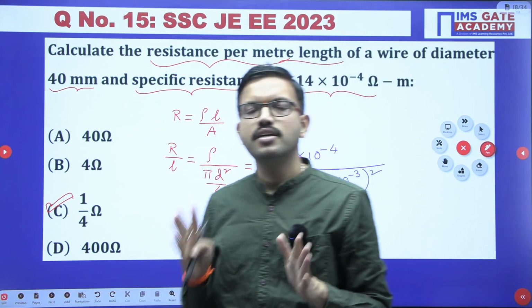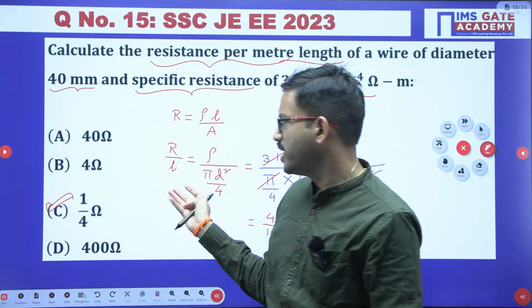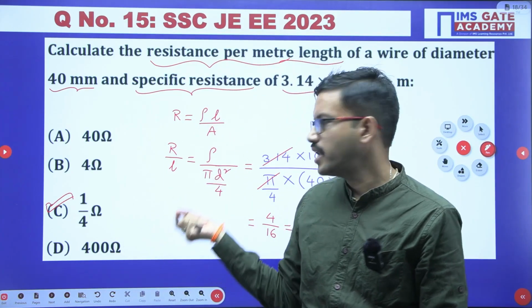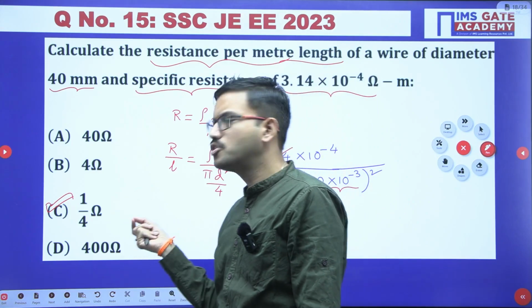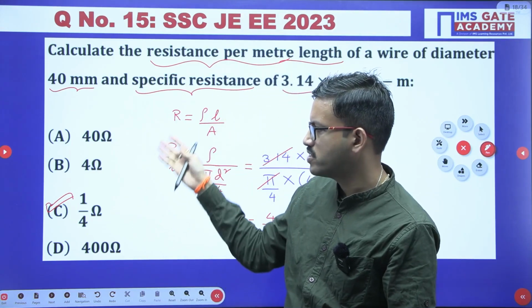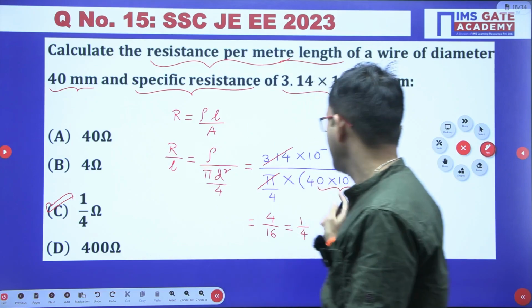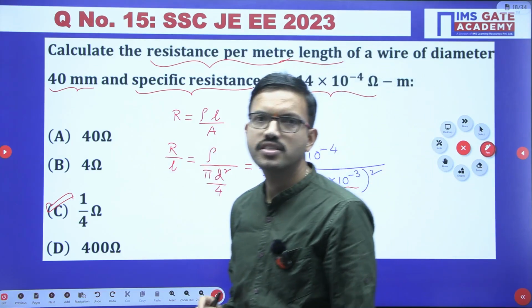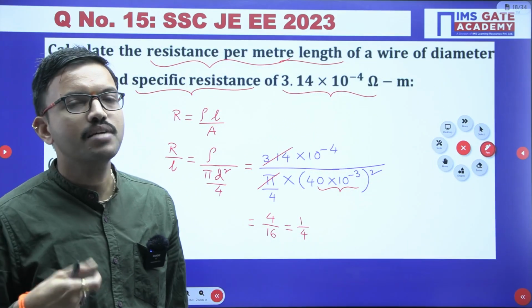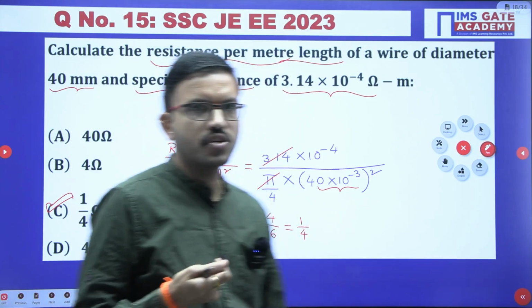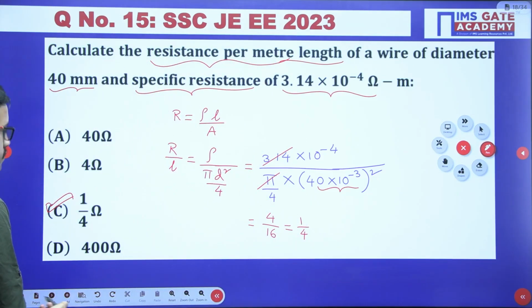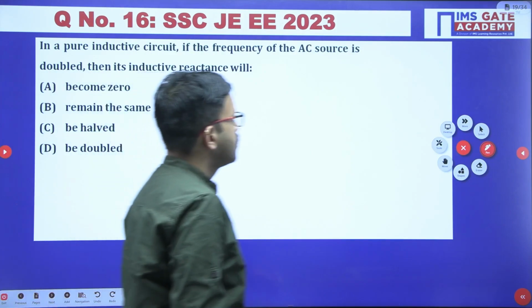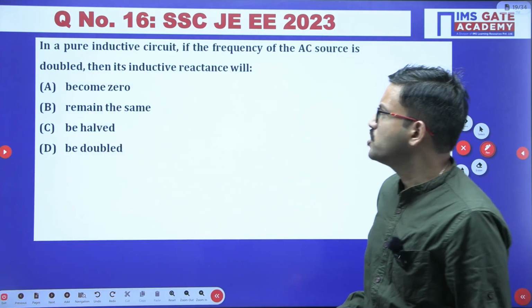In some questions, if they are not taking care about the units very appropriately, no problem, but have a look at the choices regarding the magnitude. Here 1 by 4, exactly one choice is matching, so whichever is more appropriate, you can choose.